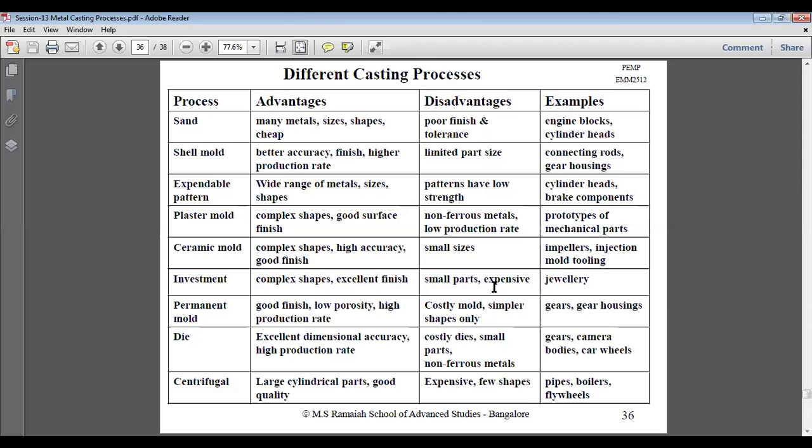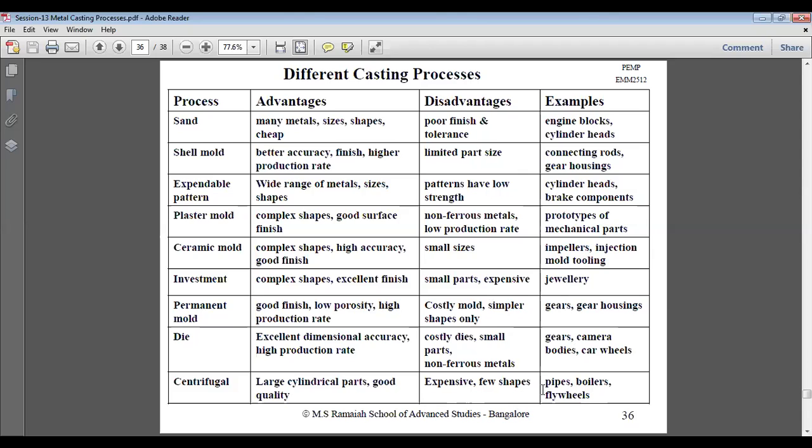Then investment casting, we produce small and expensive parts like jewelry, ornaments, etc. And then permanent mold casting, it is costly mold, simpler shapes only, and gears, gear housing, etc. Then costly dies, small parts, non-ferrous metals, gears, camera bodies, car wheels. Then centrifugal, expensive, few shapes, pipes, boilers, flywheels, etc.